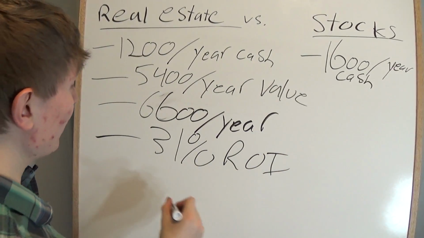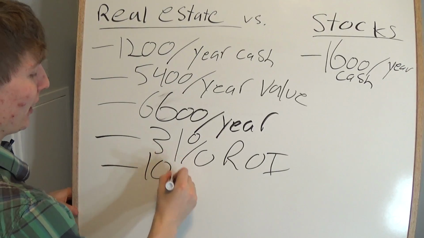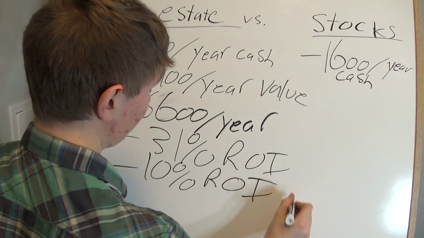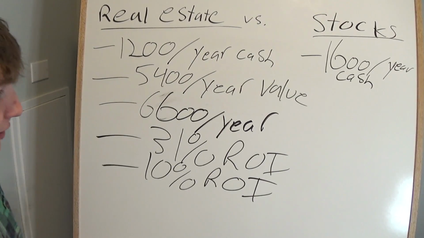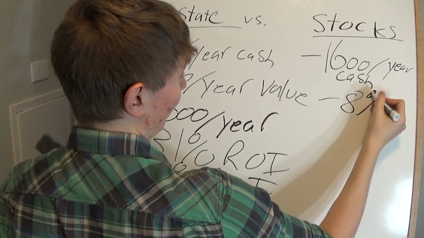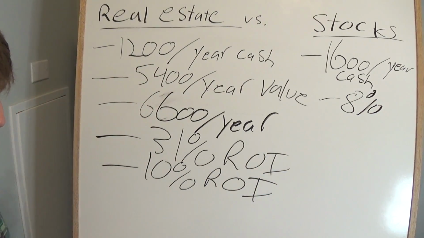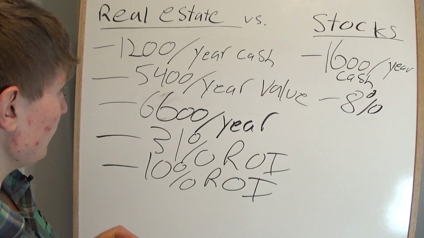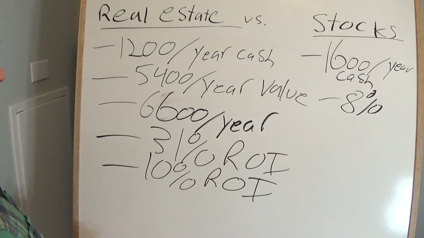Without including the mortgage, this place would get a 10% return per year. And over here, this is just the average 8%. Still very good. You're beating inflation by about 5 points. But yeah, this is just my comparison here that I was thinking of.